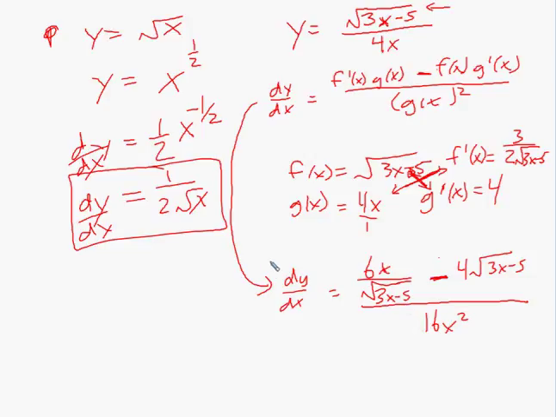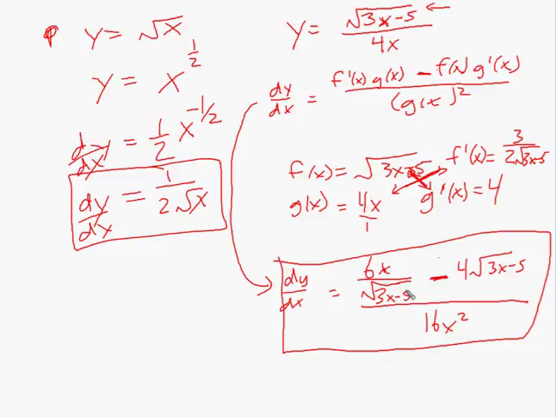For the sake of time, we'll just leave that, but technically what we'd want to do is get a common denominator here. Just working on my numerator, this fraction is missing this denominator, so 3x minus 5, common denominator.